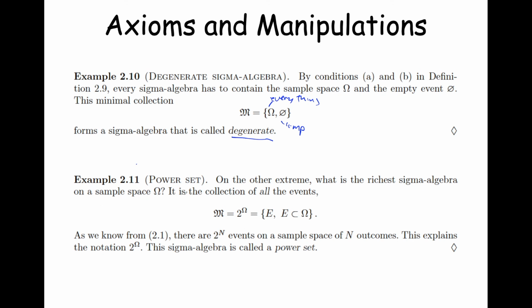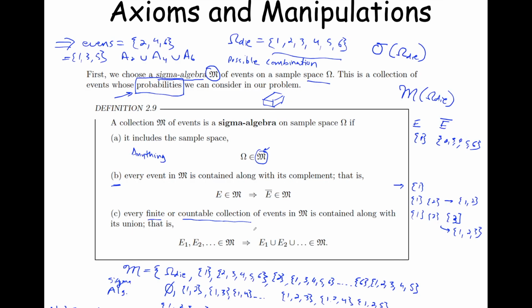And this is the richest description you can have because it's all possible combinations of elements from sample space omega. So it's the collection of all possible events, our power set, which you covered in discrete math. And so if we have this most descriptive, richest sigma algebra script M over our sample space omega, it has a total of 2 to the n events. And those 2 to the n events would be the count if we were to enumerate all possibilities.